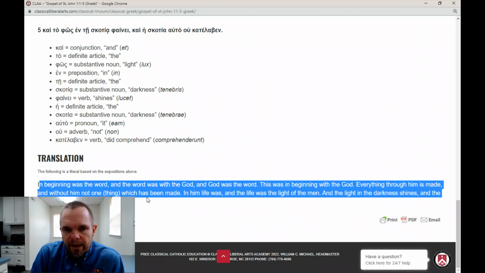And when we get that, how do we make those decisions? That's where church authority comes in, to make those interpretive decisions for us. So compare the English translation based on the exposition to an approved Catholic English Bible, and pay attention to what you see that's different between them.